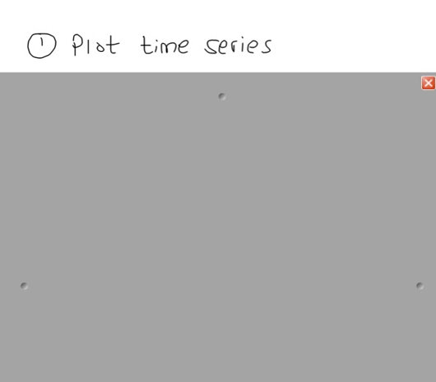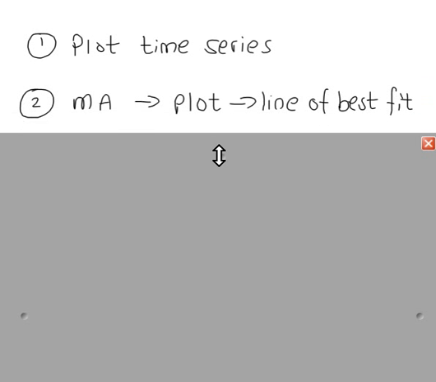So just to go over the basic points here, step 1, plot the time series and join the points with straight lines point to point. Step 2, calculate a suitable moving average, so work out whether it is a 2-point, 3-point, 4-point, etc. moving average. Plot the moving average points, and then for these moving average points do a line of best fit.